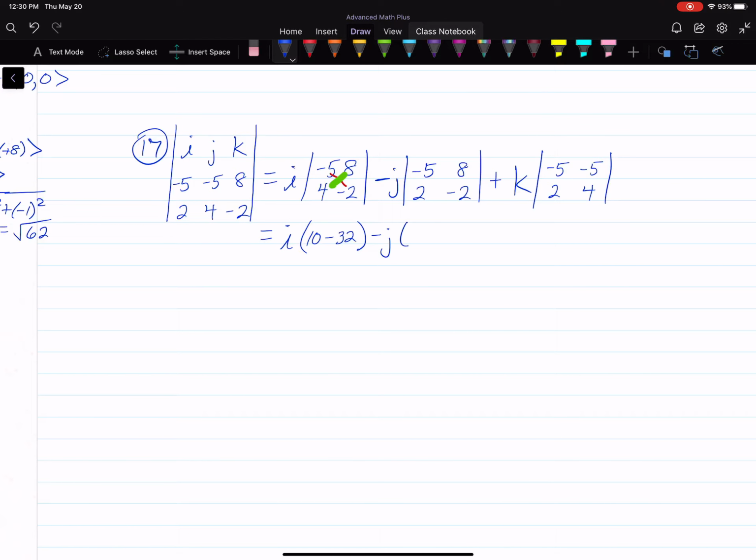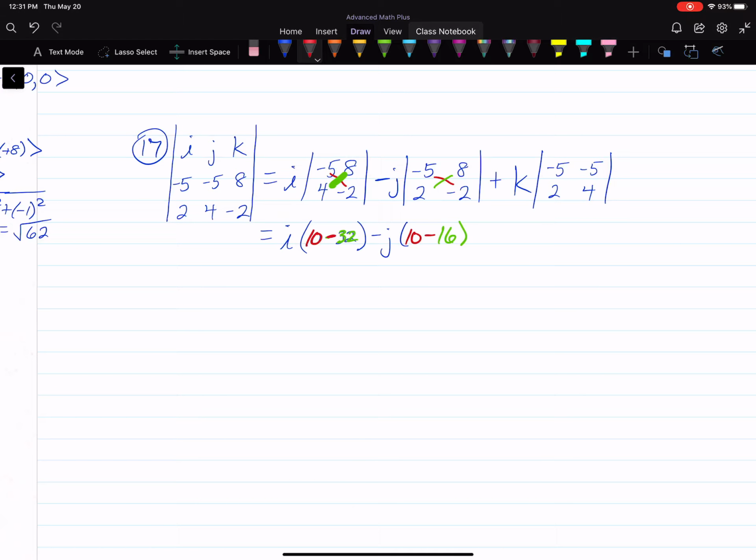Minus J. Here we're going negative 5 times negative 2 again. Hold on, that can't be right. Oh, it is, never mind. All right, negative 5 times negative 2 is 10, minus 8 times 2 is 16. This was minus 32, and this was 10.